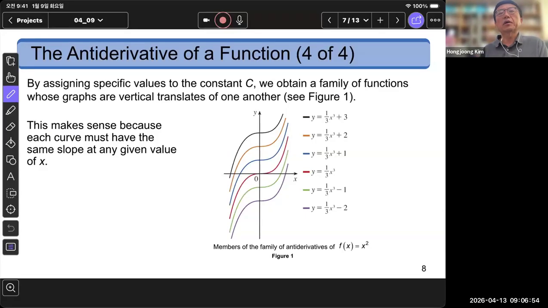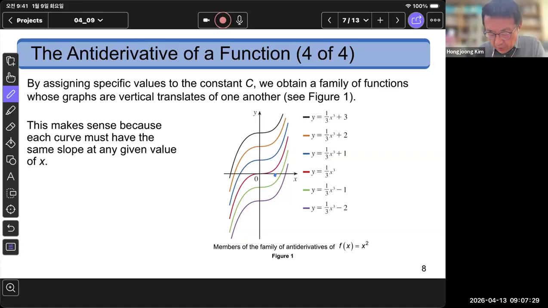So by assigning many different values to the constant, you see many different antiderivatives for x squared. Now, if you fix one x value, F prime of each of these functions is x squared, right? Now, what is F prime? What is the derivative? Derivative represents the instantaneous rate of change, or graphically, it represents the slope of the tangent line.